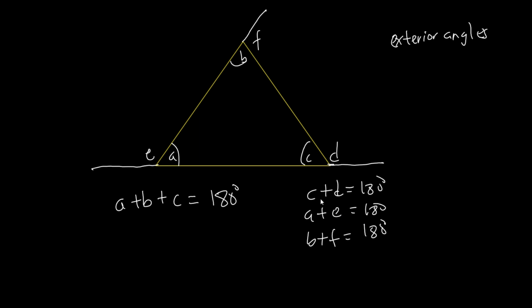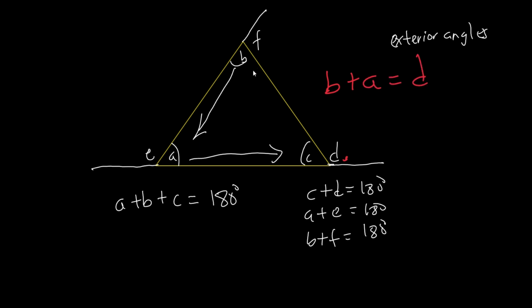And also the sum of two opposite interior angles, that is B and A, will be equal to the exterior angle, which is D. So the sum of B and A is equal to D. So bear in mind, the sum of two opposite interior angles, such as A and B, is equal to its exterior angle. So B plus A is equal to D.